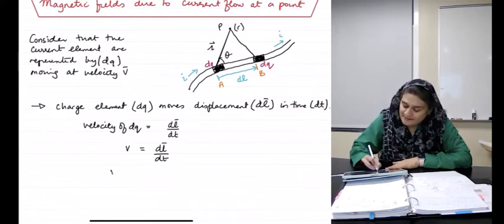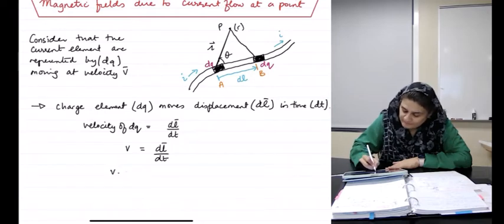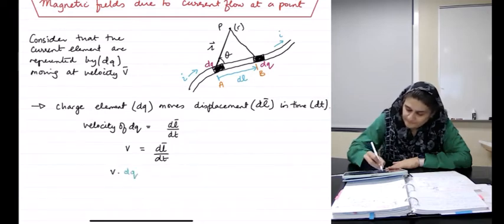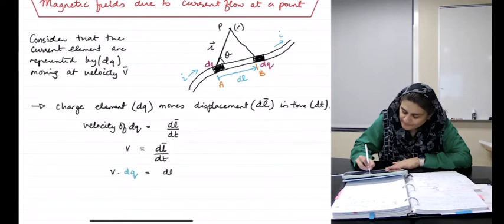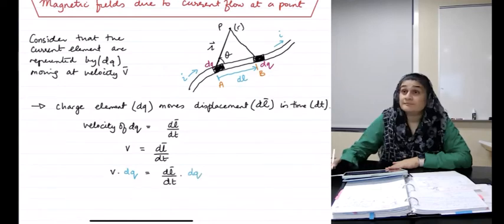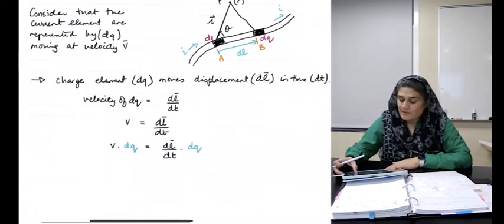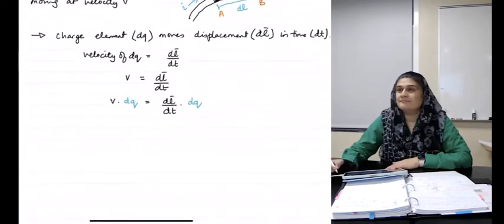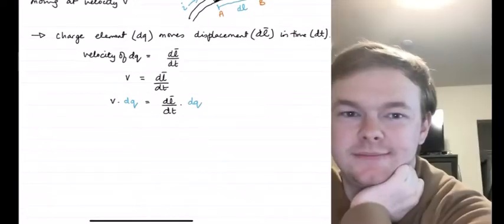So may I write this as, what is dq over dt? A current. Very good.